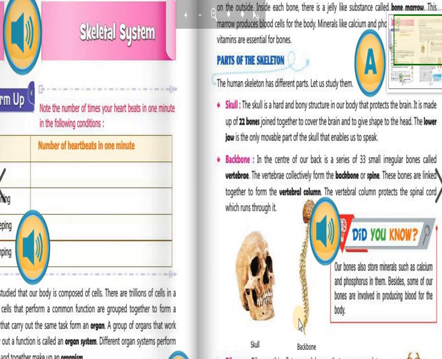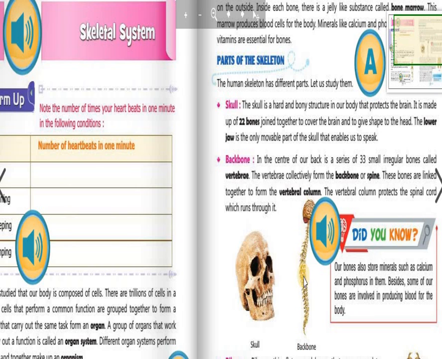So let me tell you, this is the spine, which is present just in our back, from the back of the head to the bottom of the waist. This is our backbone and this is our skull. So this backbone has 33 irregular bones known as vertebrae, and these vertebrae are collectively known as the backbone or spine.